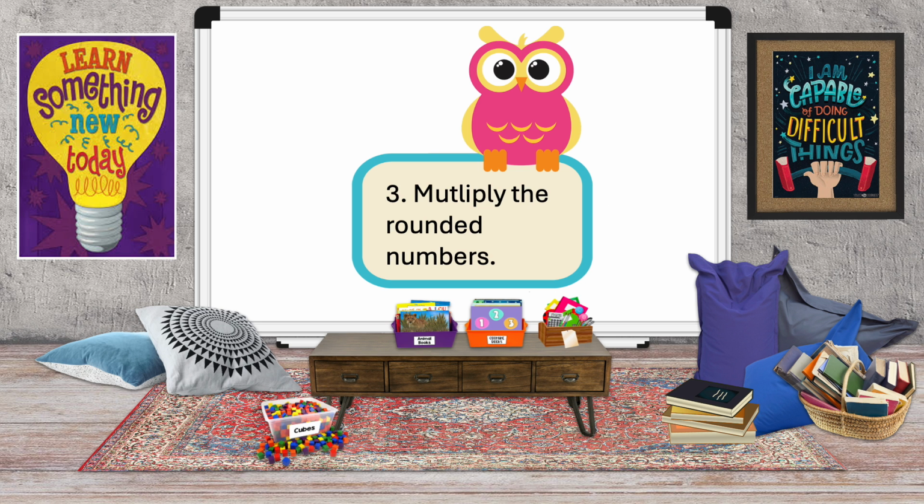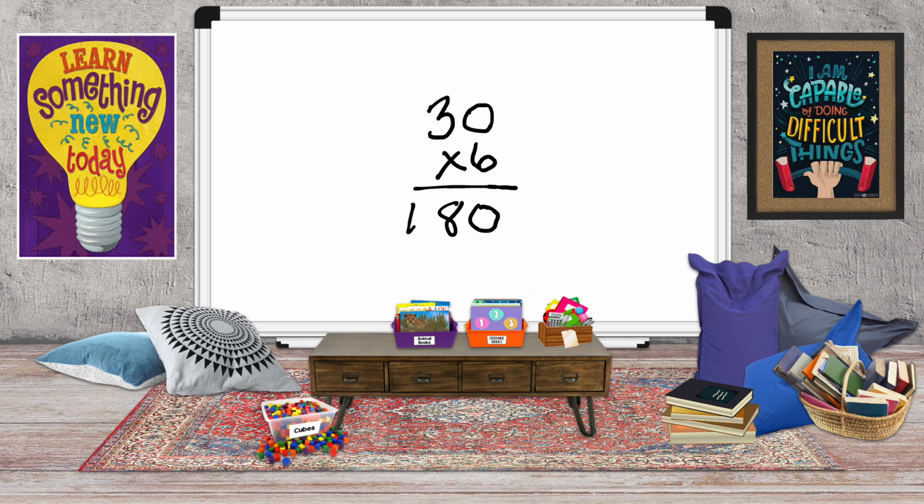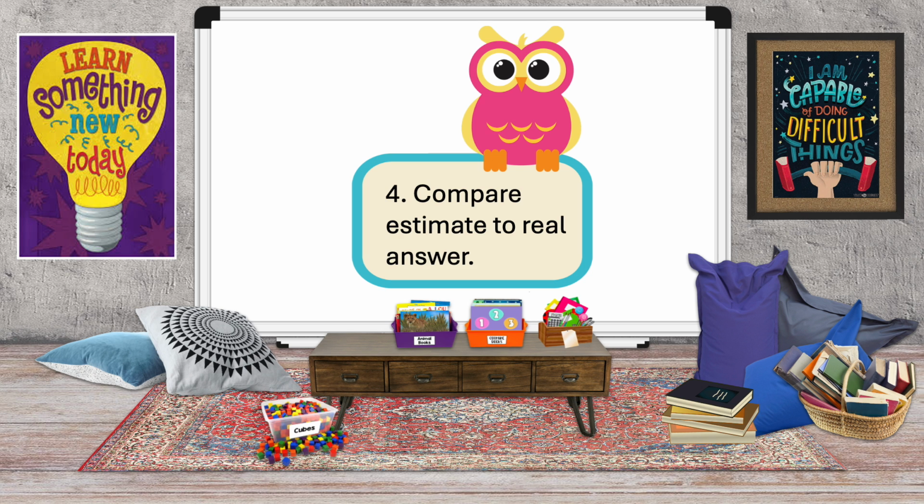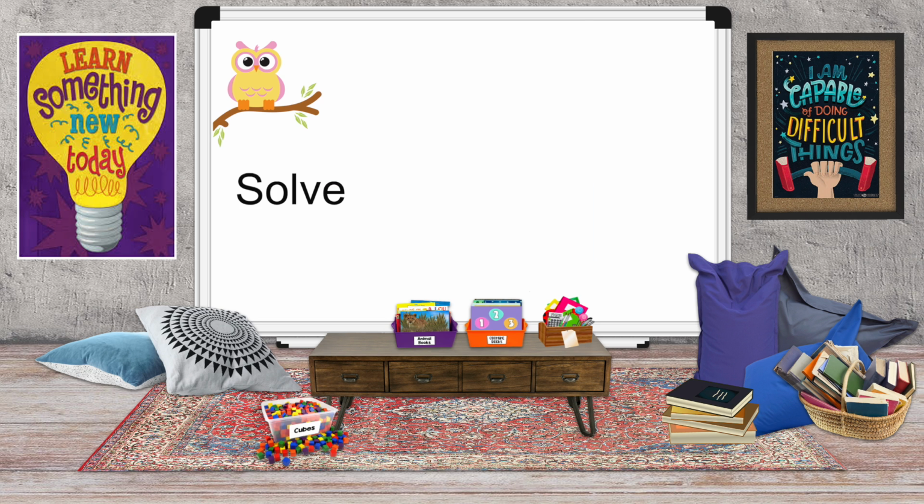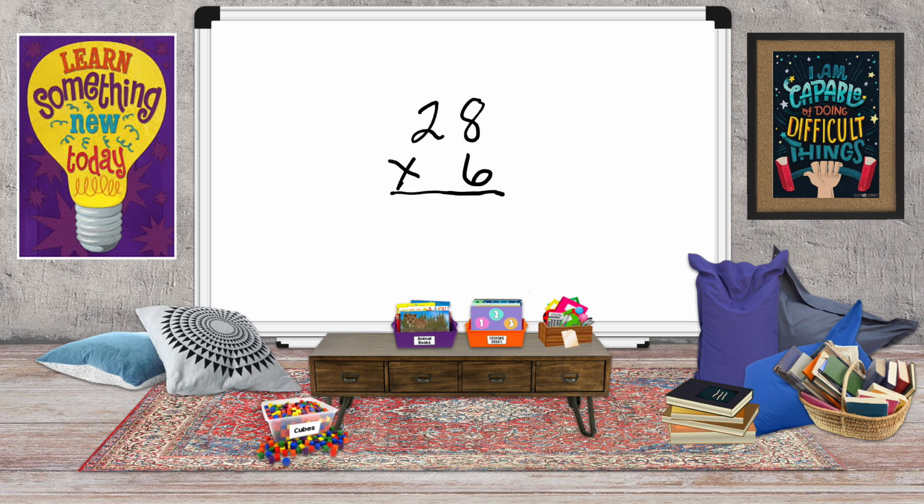Step 3. Multiply the rounded numbers. So 30 times 6 equals 180. Step 4. Compare your estimate to the real answer. Now let's solve the real problem. 28 times 6 equals what? 6 times 8 equals 48.